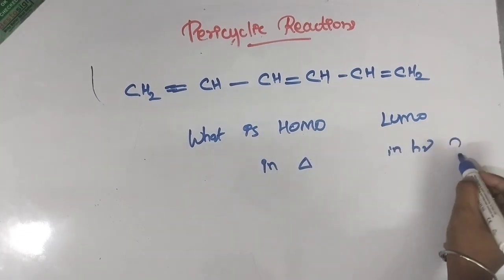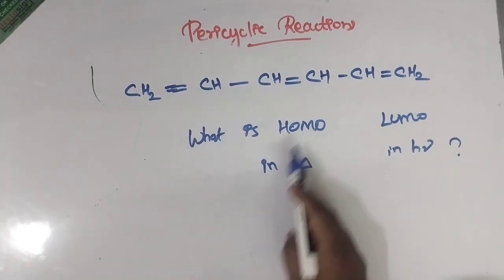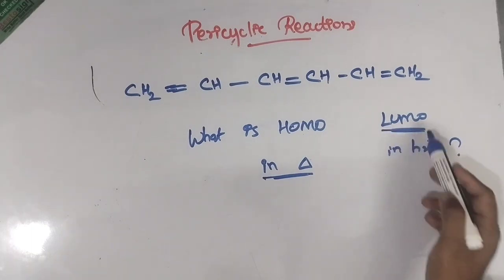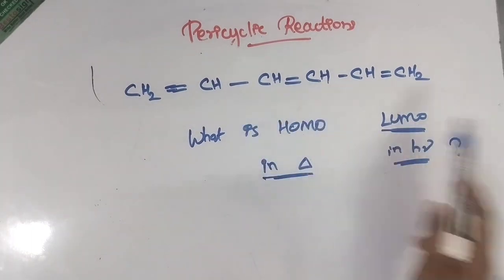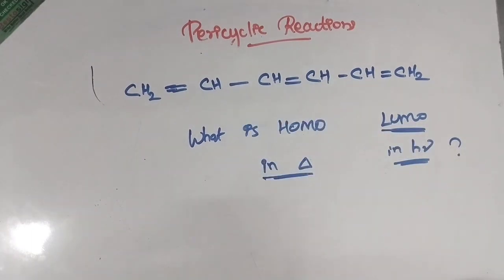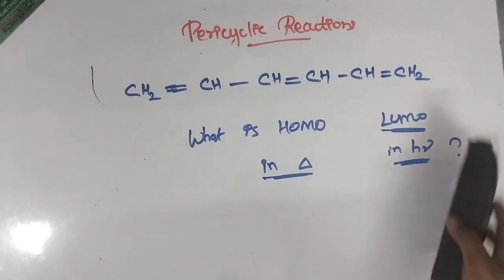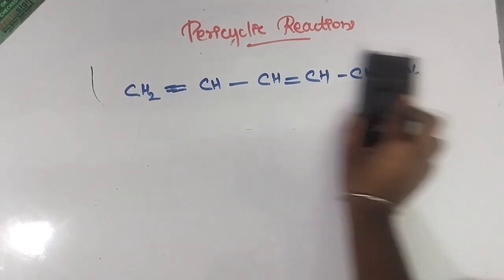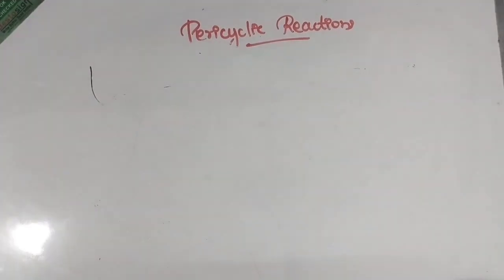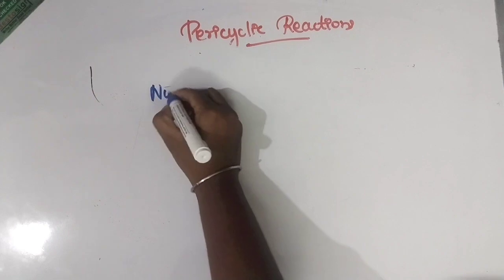Okay, this is my question. If you know the answer, then please comment in the comment section so that I can check. Next, we are moving on to another topic, number of nodes.